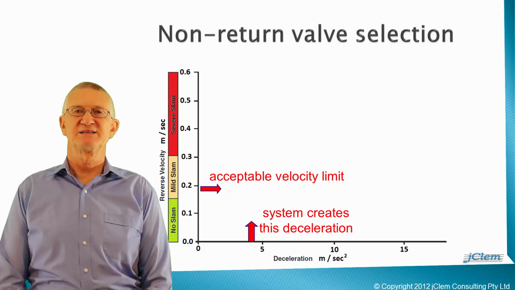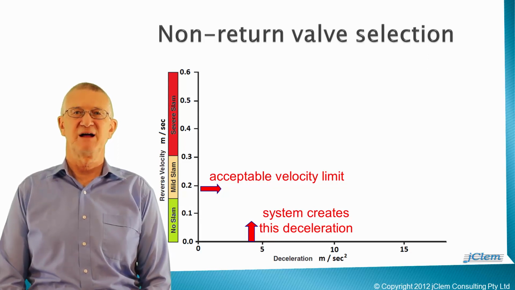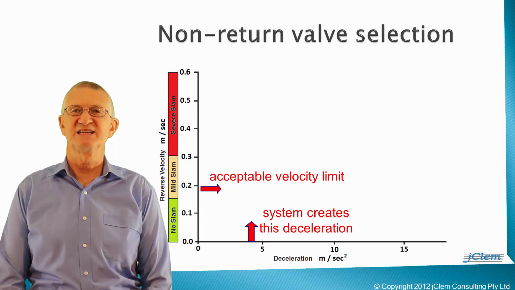The other associated step is to determine the scenarios that could generate the worst deceleration of the water column. These are likely to be pump power failure or stopping one pump while other parallel pumps continue to run. For discussion's sake, let's assume transient analysis has simulated these scenarios and identified the worst deceleration rate as 4 meters per second squared.